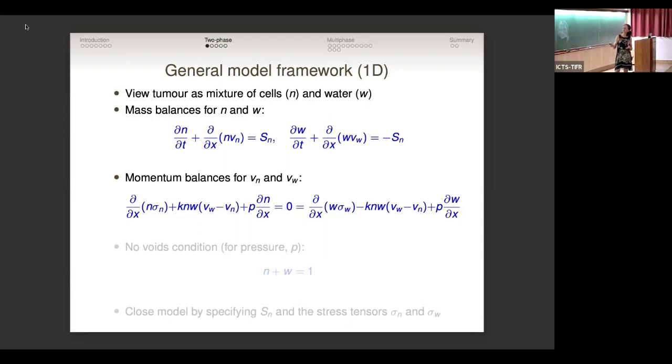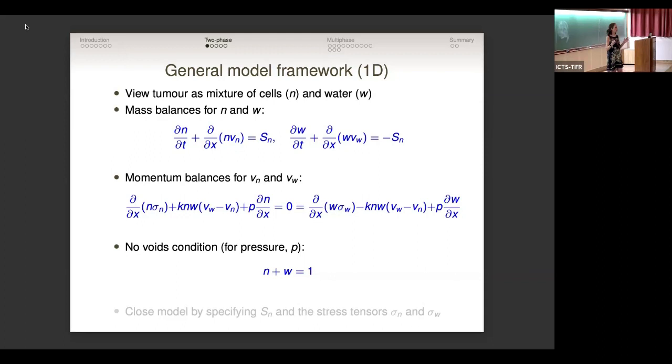So this is what we get by taking a continuum limit, going from, say, cells as being discrete objects to viewing it as a continuum, okay? So I can view the mass balance equations as telling me what N and W are, momentum balance equations for Vw and Vn, but notice I've slipped this extra P in, so I need an extra equation to specify that, and we get that by specifying no voids, i.e. space is occupied exclusively by cells and water.